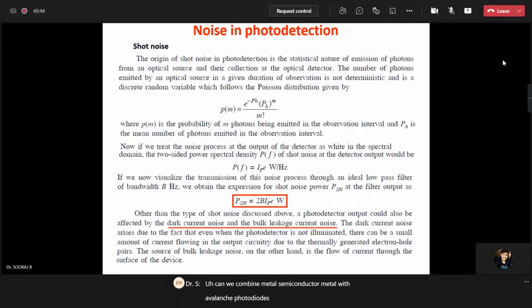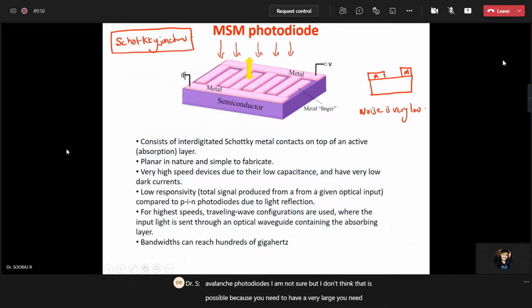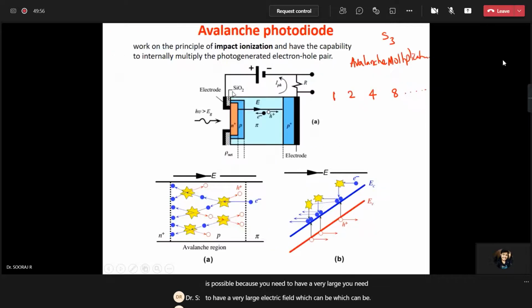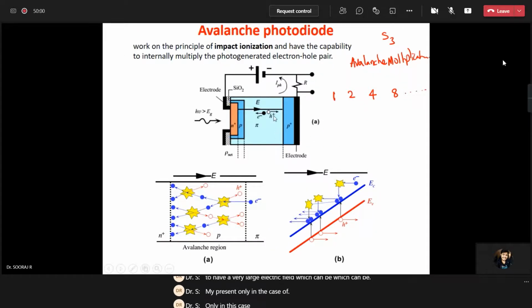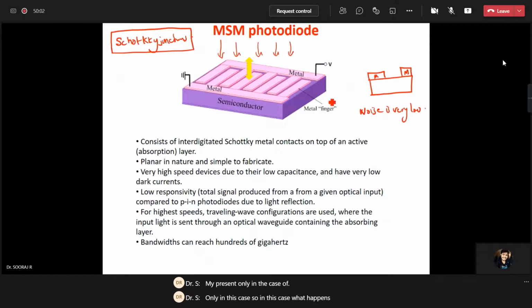I am not sure, but I don't think that is possible, because you need a very large electric field, which can be present only in the avalanche case. In this case, you can apply a moderate reverse bias, but if you apply a very large reverse bias, then you can have what are called fringing effects.